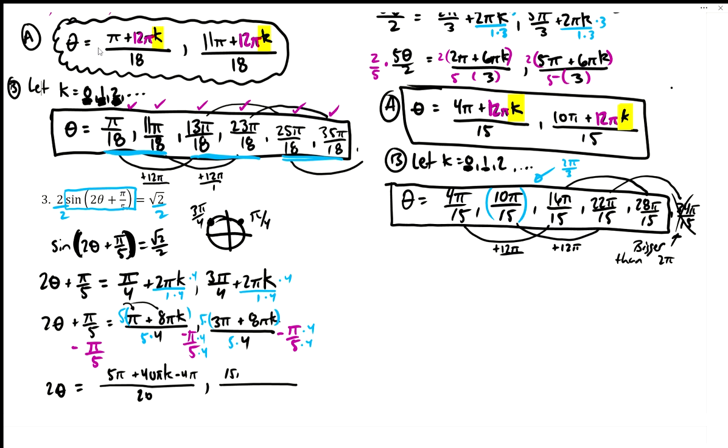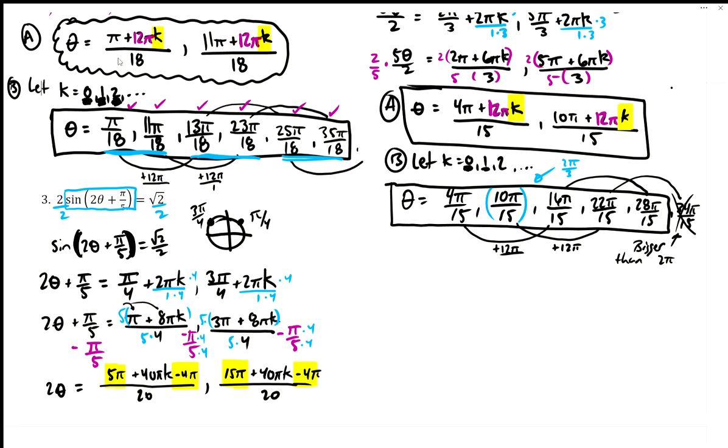So 15 pi plus 40 pi k, and then 4 times pi is getting minus 4 pi. 5 times 4 is the denominator, 20. Okay, we're almost there. We do notice that we do have some like terms in there. So we should combine those.